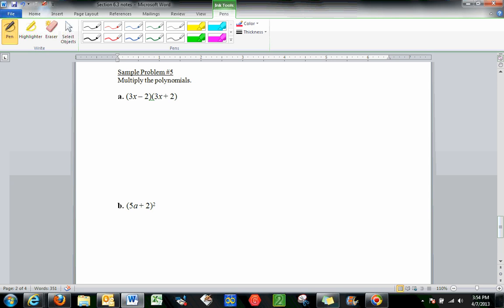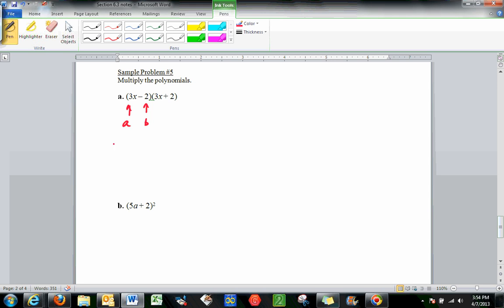Okay, if we look at sample part A, basically what we've got here is 3x represents the A value and 2 represents the B value. And according to our pattern, if we have different signs, if we have A minus B and A plus B, then our pattern is going to be A squared minus B squared.